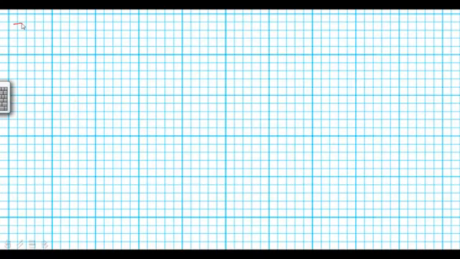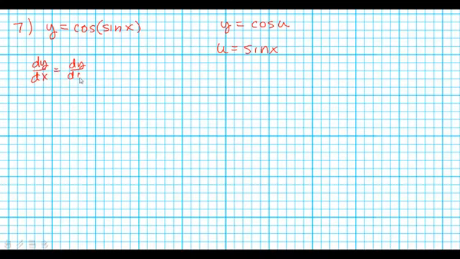Okay, number 7 is y is equal to the cosine of the sine of x, and they would like u to be thought of as sine of x. That means y is going to end up being the cosine of u. And of course, if we want to find dy dx, we can think of it as dy du times du dx.